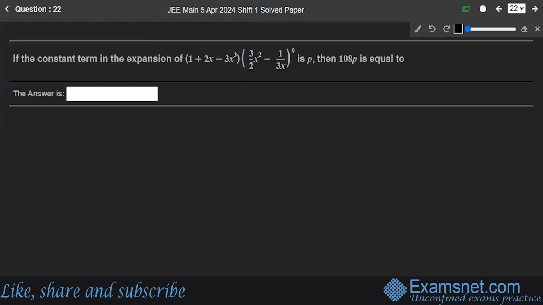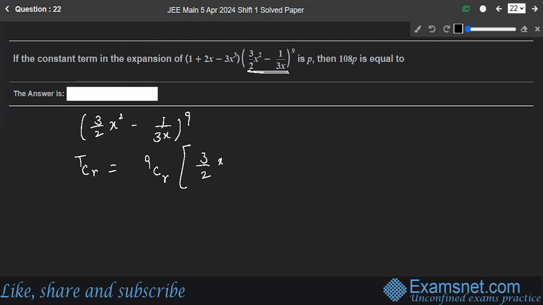Question number 22. If the constant term in the expansion of this expression is p, you have to find out what is 108p. Fine. First of all, let's pick up this term, 3 by 2x square minus this, raised to power 9. The general term T(r+1) is given by 9Cr into the first one, 3 by 2 x squared, raised to power 9 minus r, into the second, raised to power r.